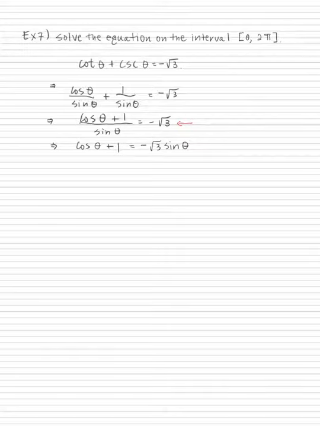So let me just write that out, provided that sine of theta does not equal 0. Okay, so let's take a look at when the sine is going to assume 0. To me, it's a lot easier to just look at the graph, but you could do it whatever you like. So notice that sine is going to assume 0 when theta equals 0, theta equals pi, theta equals 2 pi.